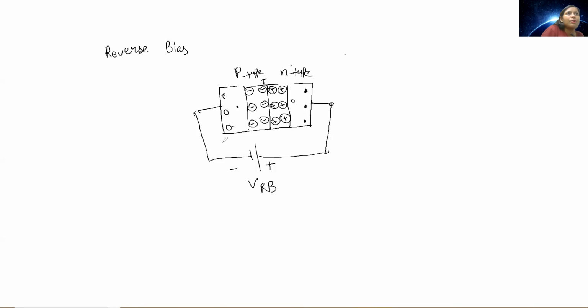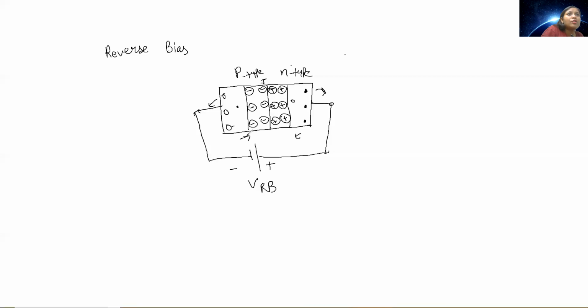So now, what is happening is that the negative terminal of the battery is attracting the majority charges of the p-type material, which are holes, towards it and repelling the negative ions towards the junction. Similarly, the positive terminal of the battery is attracting the majority charge, the negative charge, towards its terminal and repelling the positive charge or ions towards the junction.